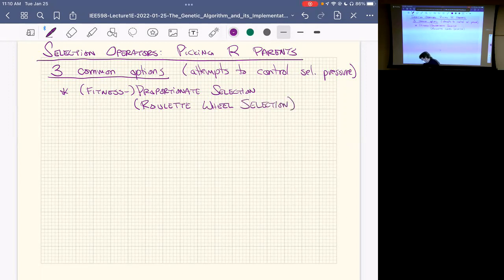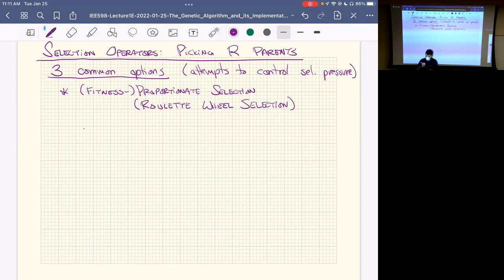In fitness proportional selection, we basically create a probability index of fitness, which relates to a softmax function for those of you on the AI side, but without the exponential.